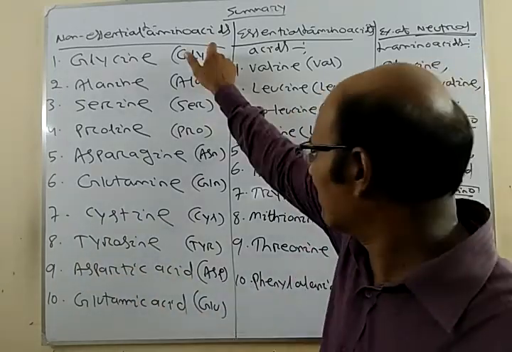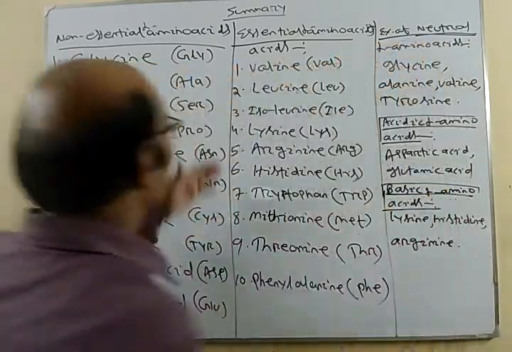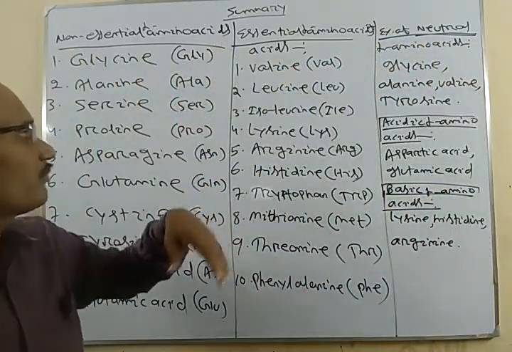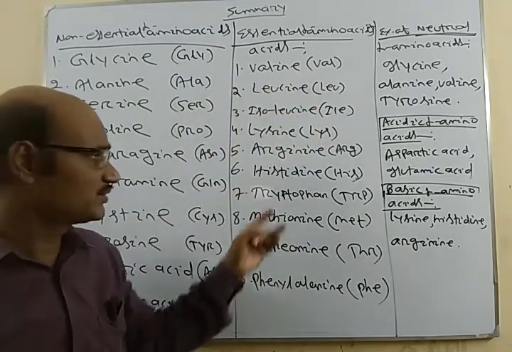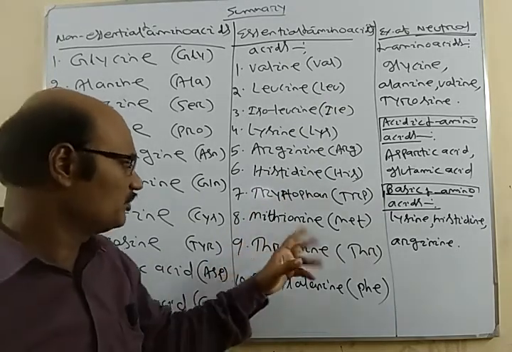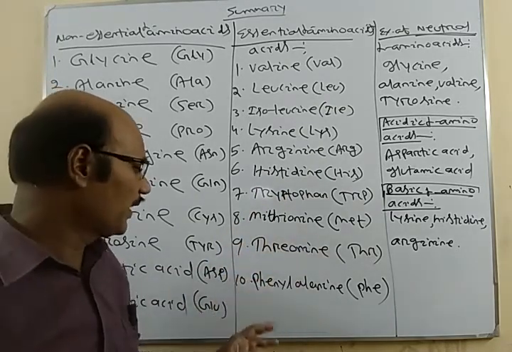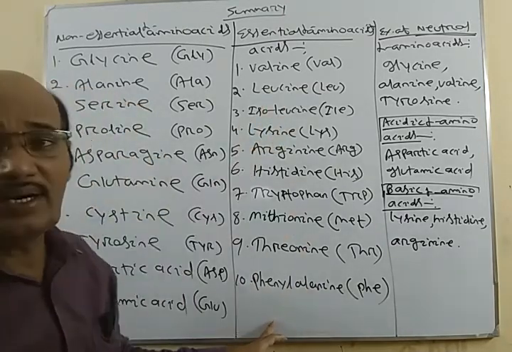Similarly, we have the essential alpha amino acids: valine, leucine, isoleucine, lysine, arginine, histidine, tryptophan, methionine, threonine, and phenylalanine.